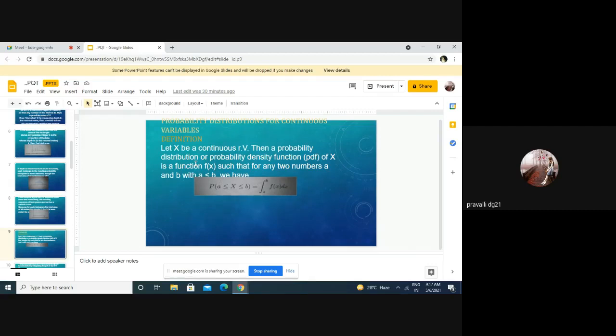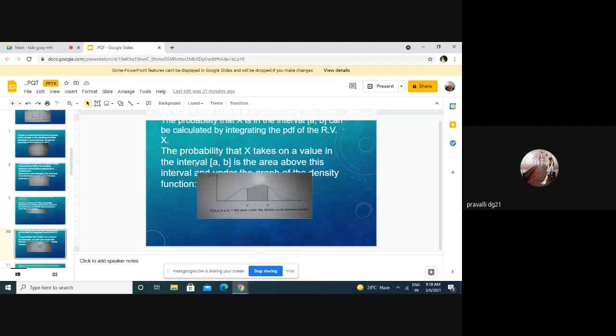Then a probability distribution or probability density function of X is a function f(x) such that for any two numbers a and b with a less than or equal to b, we have P(a ≤ X ≤ b) = integral from a to b of f(x) dx.